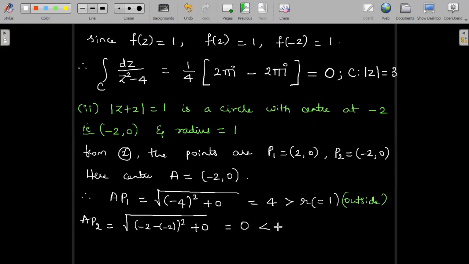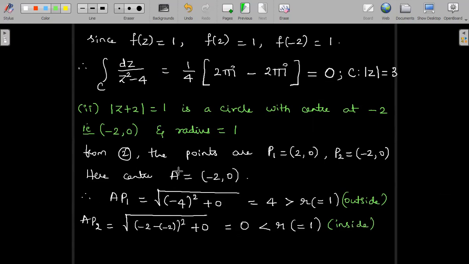I observe that this is less than r, because the radius is equal to 1. Since AP2 is less than r, we can conclude that the point P2 lies inside the given circle.